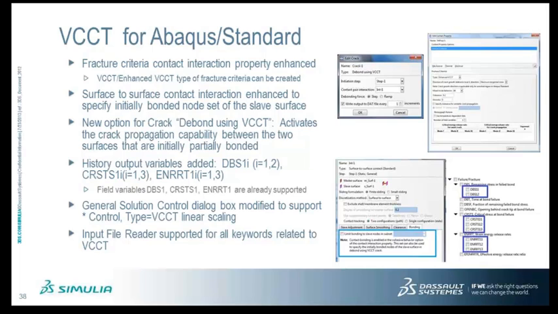Along the way, we've enhanced the contact interaction property that defines the mechanical failure criteria by providing options to specify the type of VCCT analysis you want to do. We've enhanced the surface-to-surface interaction by allowing you to specify an initially bonded node set to the slave face. Prior to this, this was only enabled for cohesive behavior, and now this is available for fracture criteria as well.